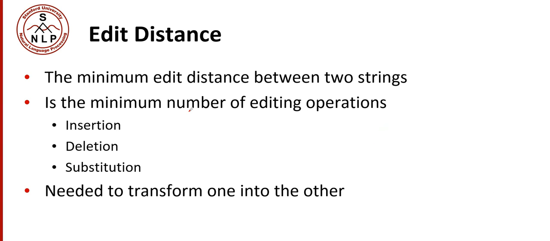The minimum edit distance is required between the two strings, and it can be obtained through three operations: insertion, deletion, and substitution. These are needed to transform one string into the other.